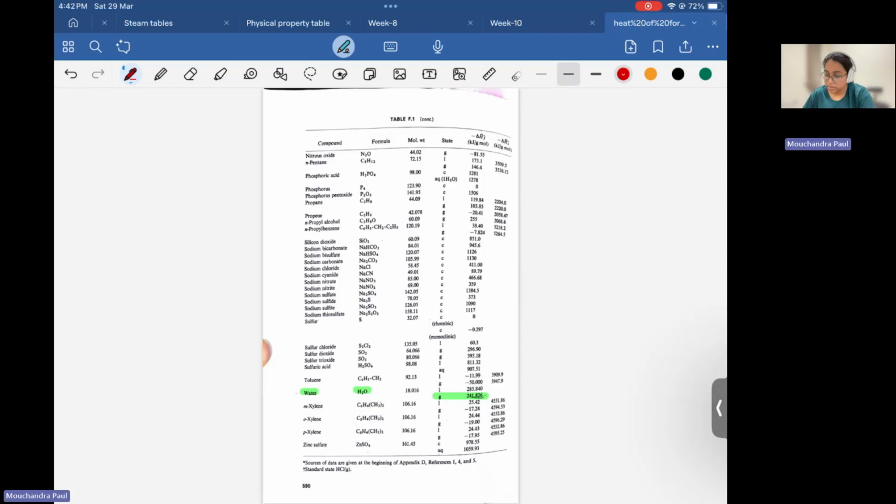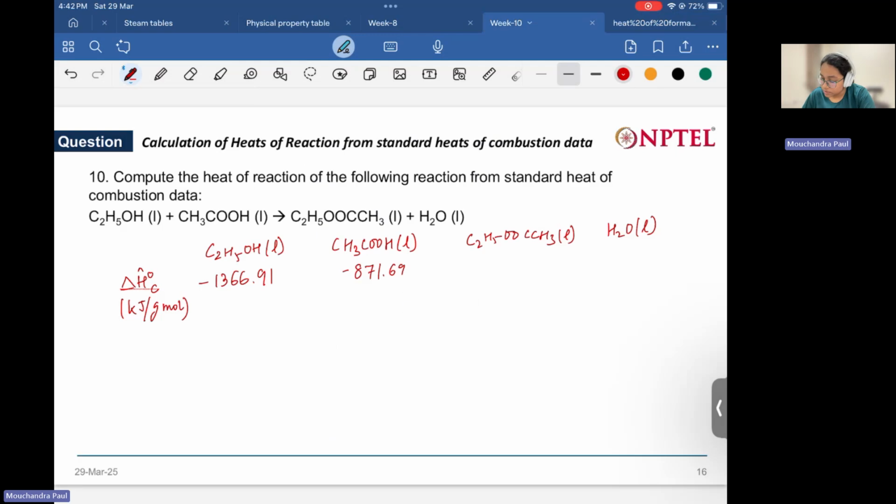Looks like this table does not have the value for ethyl acetate, but we can find it out.